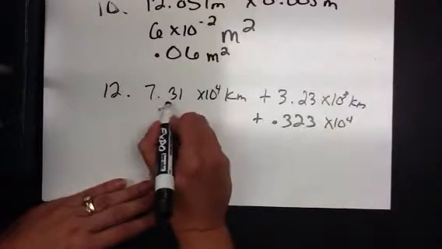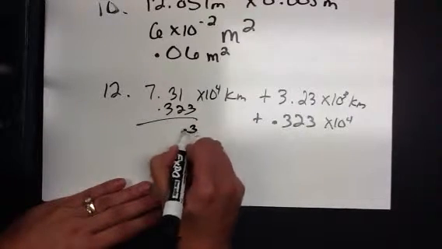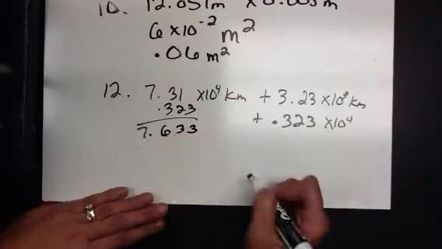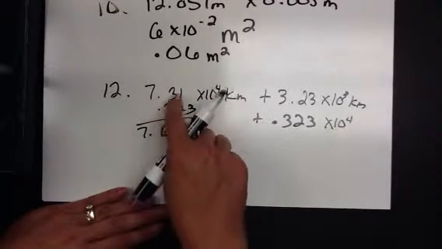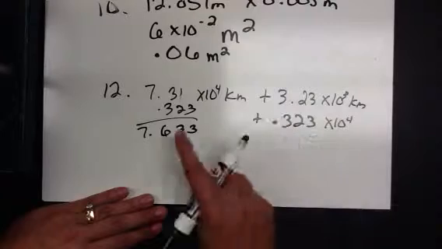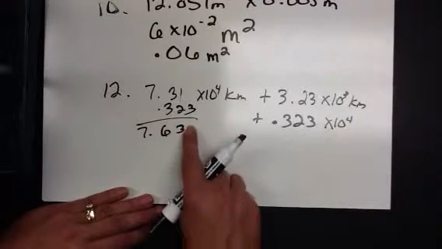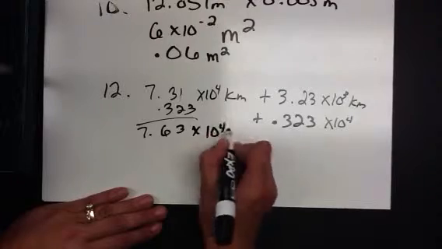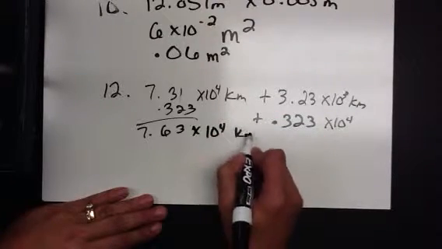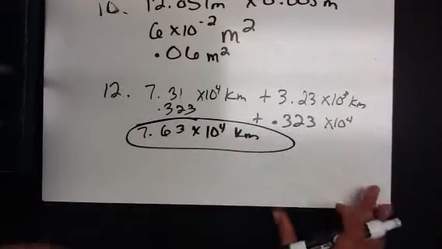I add those things together and I'm going to get 7.633. Now when we add and subtract, we go by the least decimal place. So 1, 2, 1, 2. My answer goes to 2 decimal places. Label on that then, we go times 10 to the 4th, and it was just kilometers plus kilometers, so kilometers.